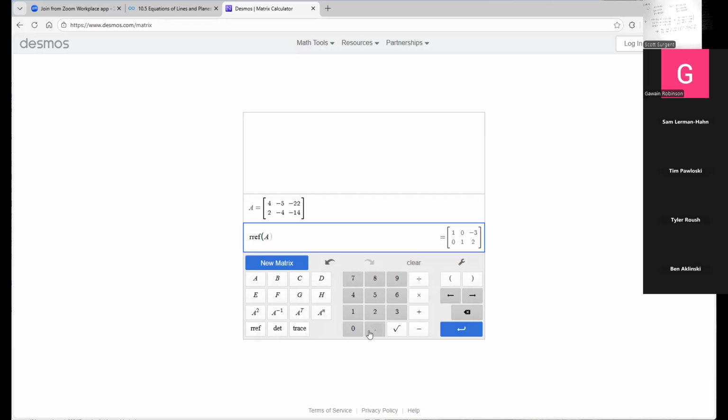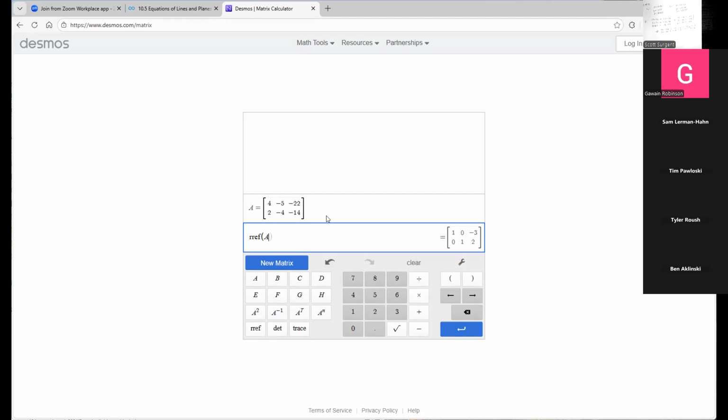But what you're doing is turning this system here into what's called reduced row echelon form. That's what the RREF stands for. And you're doing that through basic matrix arithmetic. You don't have to necessarily understand that to get the numbers. You can always solve a system by using substitution and elimination, the old-fashioned method. So whatever method works for you.